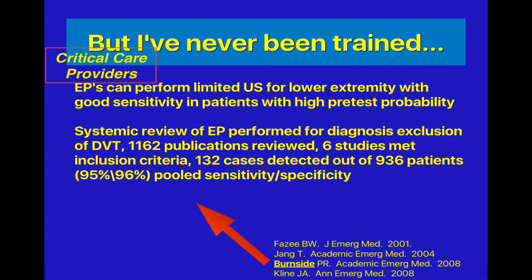You can see all these articles. There's a systematic review of emergency medicine performed ultrasound in diagnosis and exclusion of DVT, which showed really good sensitivities and specificities. I don't mention it here, but there was an article where medical students were trained with a 30-minute lecture, similar to this. Then they had 5 models where some had positive, some had negative.